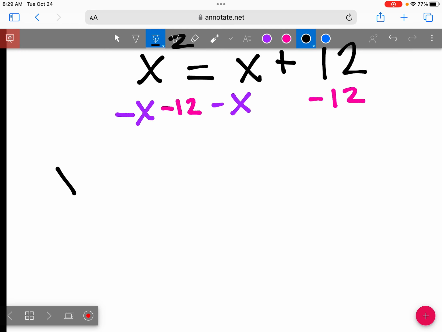So we're going to have x squared minus x minus 12 equals 0. The whole goal is to get it to equal 0 so that I can solve this some way, shape, and form.